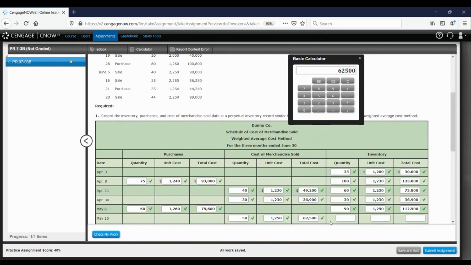Then in inventory, what we have left over on May 10th is we had 90 units for May 8th, but we sold 50 of them. So what we have left are 40 units at $1,250.